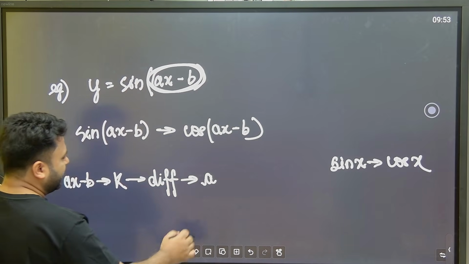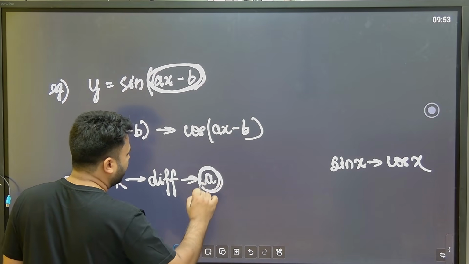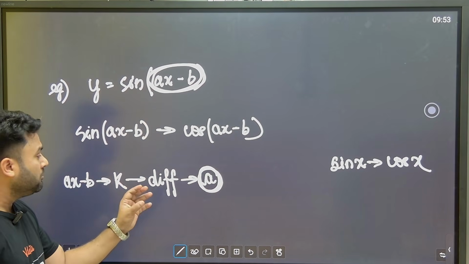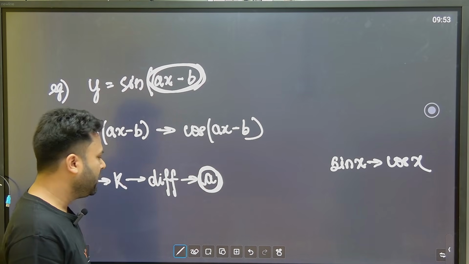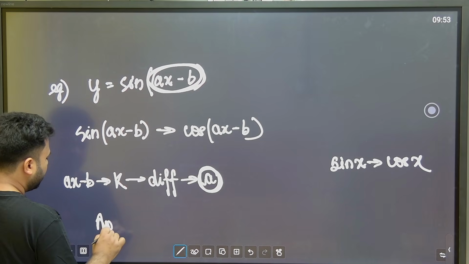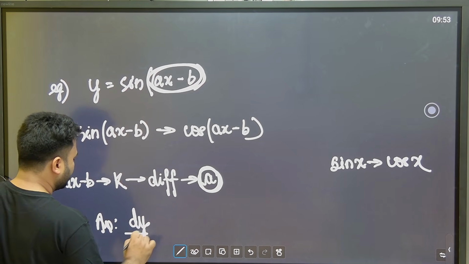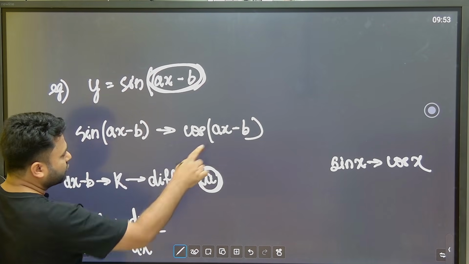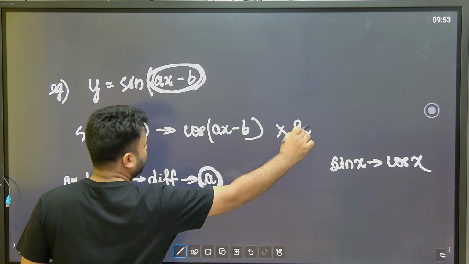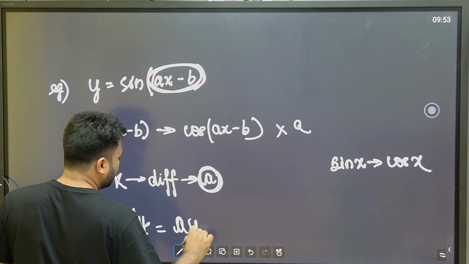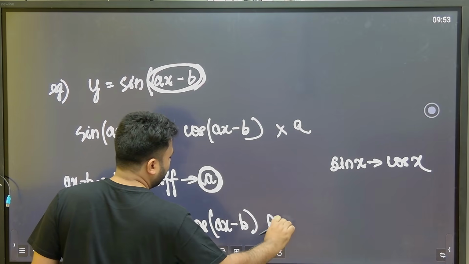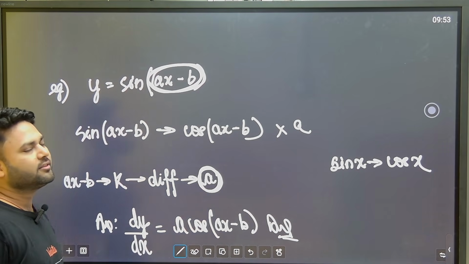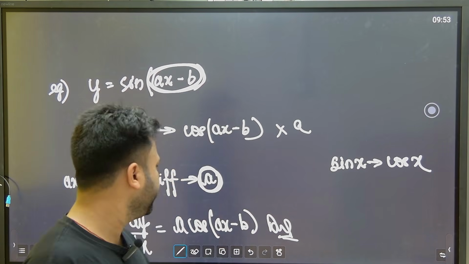So on differentiating kachra, we get a. What we have to do? We have to multiply this a with our first step. Means our final answer will be dy by dx equals to a cos of ax minus b. This will be our final answer. Correct?